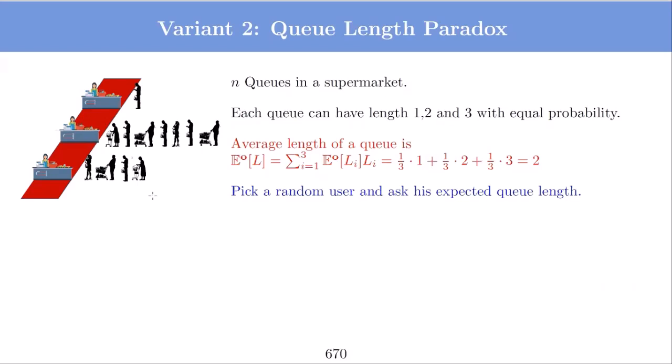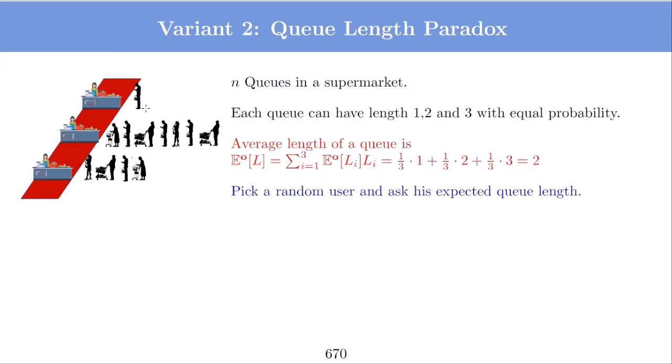And then I would ask, let us pick a random person in the supermarket, look at his queue, and tell me what queue length that person will experience. Now there is a bias here because, in this example figure, you are seeing a total of 12 persons.